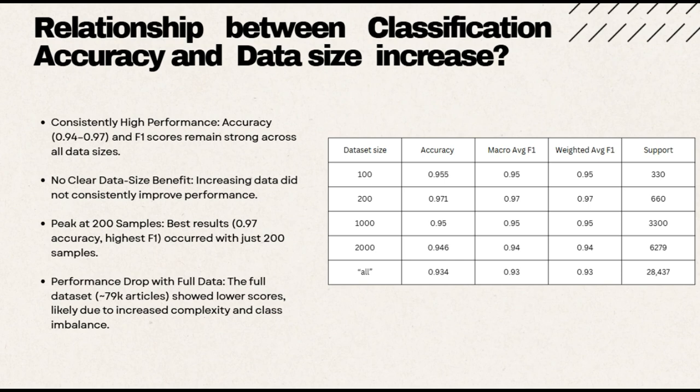In fact, it peaked at 200 sample size with the best accuracy and highest F1 score. But as it went to the full dataset, it actually showed lower scores, likely due to increased complexity and class imbalance.